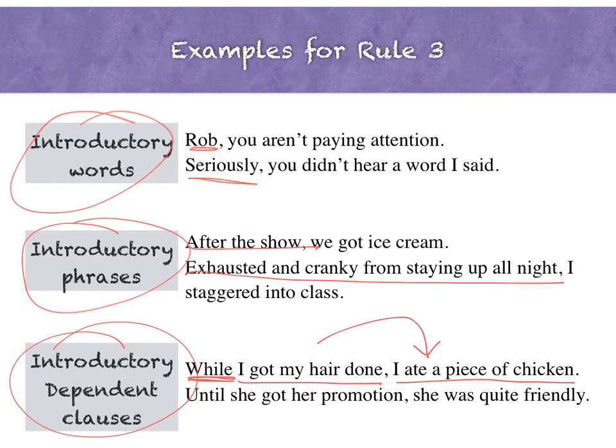Again, in the second sentence, you've got "until," which is a subordinating conjunction to the sentence "she got her promotion." And this makes that a subordinate clause to the independent clause, "she was quite friendly." Right? And so in these instances, you have to have a comma to separate, as the video talked about.